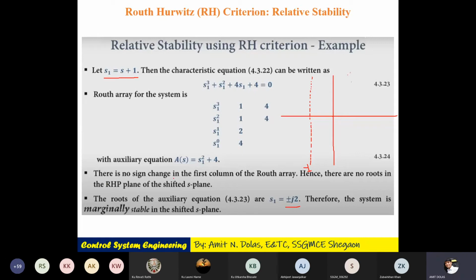Now no root is on the left hand of this shifted plane. This is the shifted plane, say S1, and still the system is stable. So we are trying to move away from the actual imaginary axis to get the system more stable. That is the relative stability.